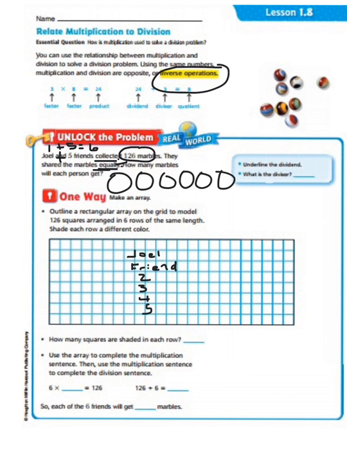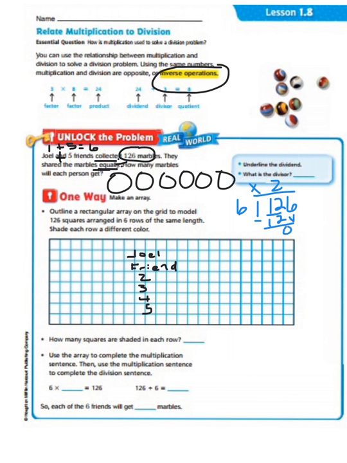So let's think. If we have 126 marbles and we have 6 friends, we know that 1 cannot be divided by 6. So let's look at 12. And that is 2 times. And 2 times 6 is 12. 12 minus 12 is 0.